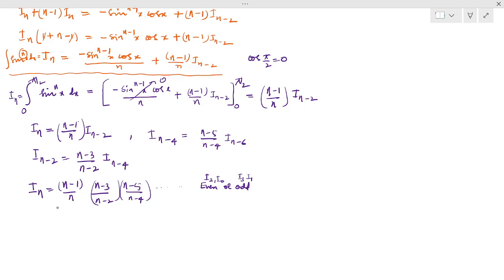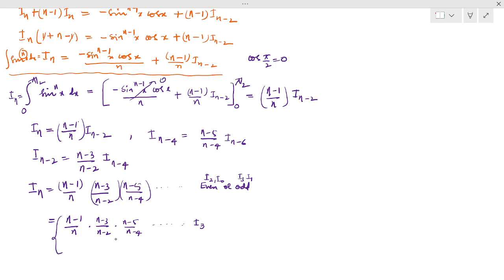If it ends with the last term, if I take n as an even number or an odd number, let us take first: (n minus 1)/n times (n minus 3)/(n minus 2) times (n minus 5)/(n minus 4), and so on. It ends with I3, which is odd.